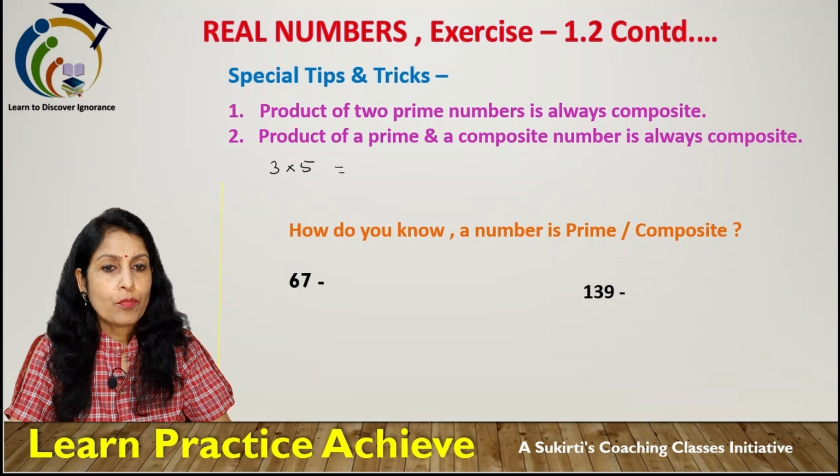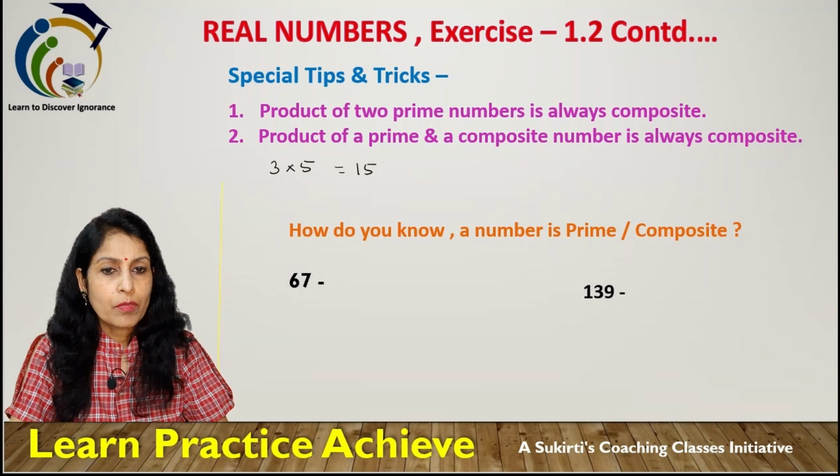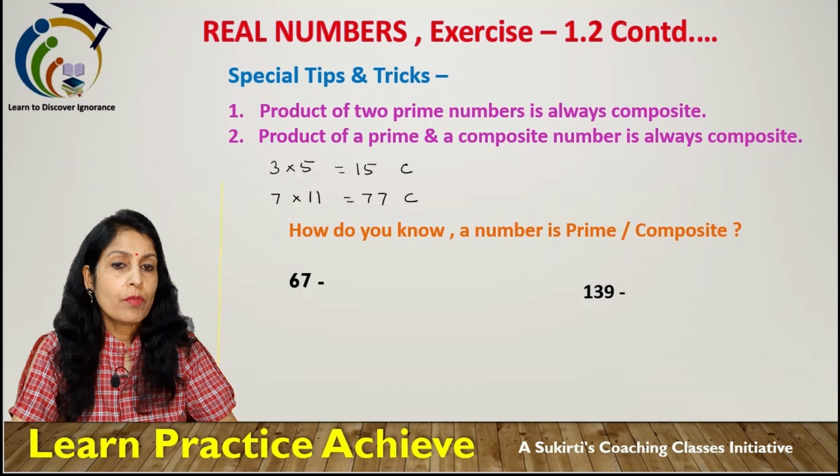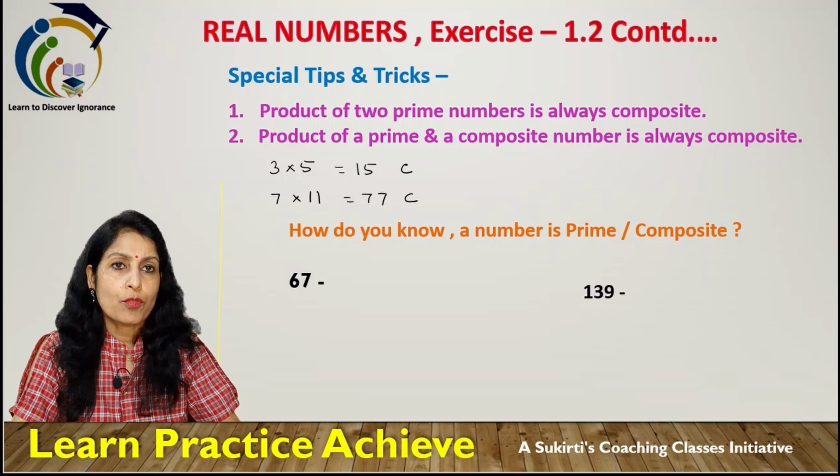So 3 into 5 is 15, and 15 is a composite number. In the same way, suppose we take 7 into 11. Again, we will get 77, and this is also a composite number. So, when we multiply any two prime numbers, we will always get a composite number.